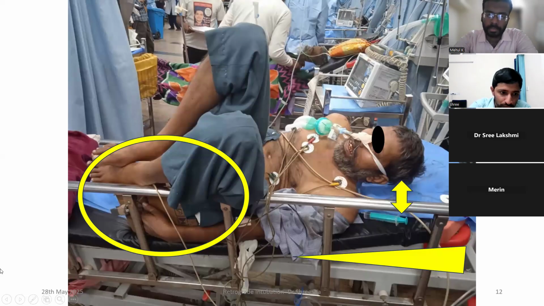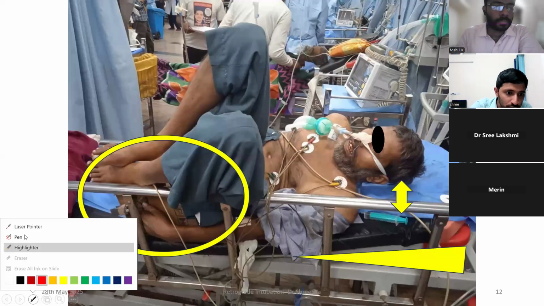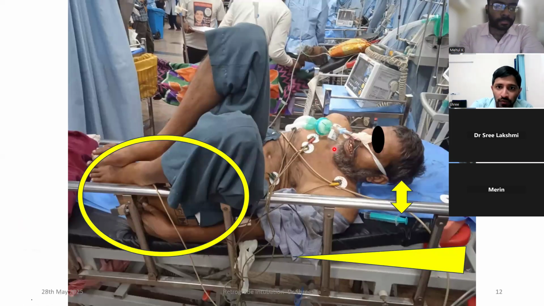Okay, so in this case, this was the sternal notch, and as you see, there was severe neck flexion, and it was sort of in a fixed position.